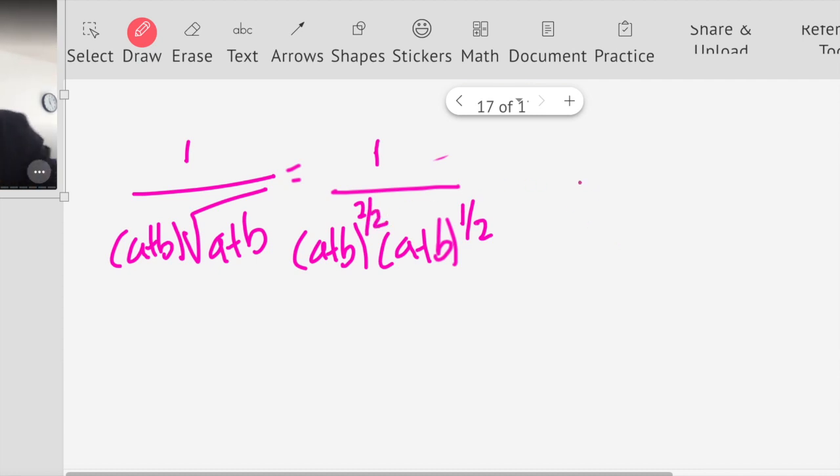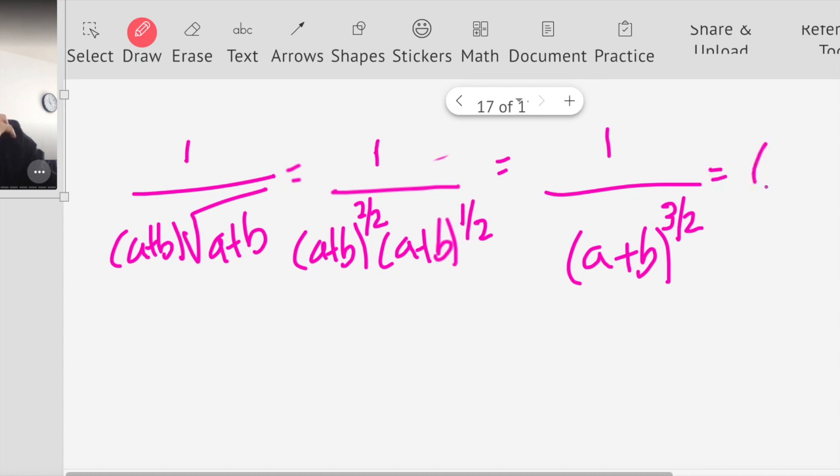It's just 1, the power of 1. So we go ahead with the same base, a plus b, and then we add up the exponents. So this would be 3/2. And then we just write it in index form like this. And voila, that's it.